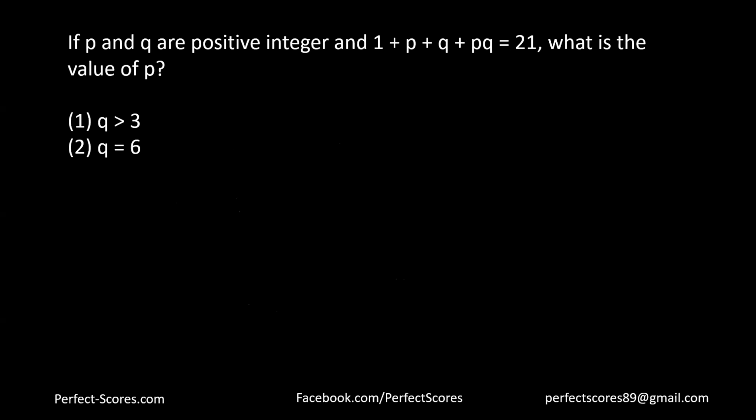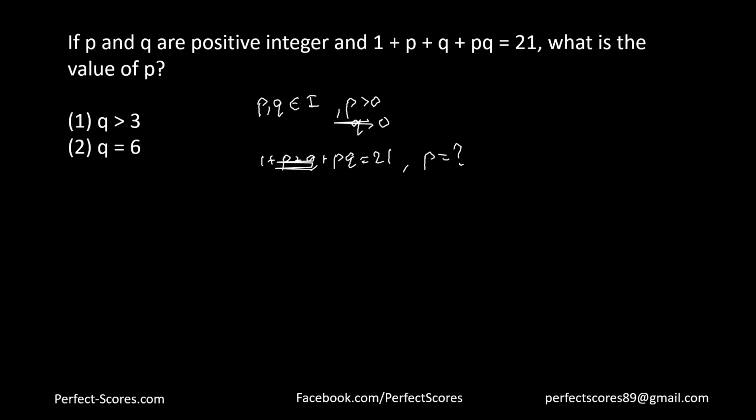The question says if P and Q are positive integers, so they are greater than 0 as well, and 1 plus P plus Q plus PQ is equal to 21. The question asks me the value of P.